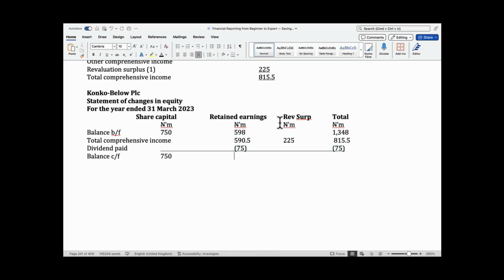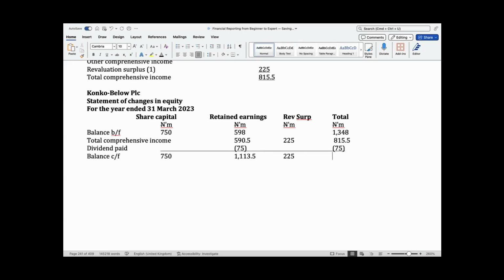So what is 598 plus 590.5 minus 75? How much is that? 1113.5. Yes.